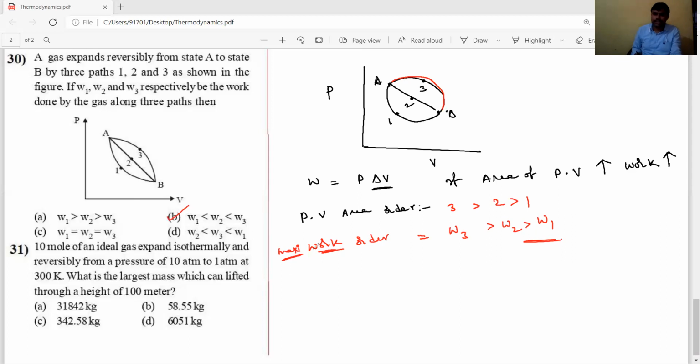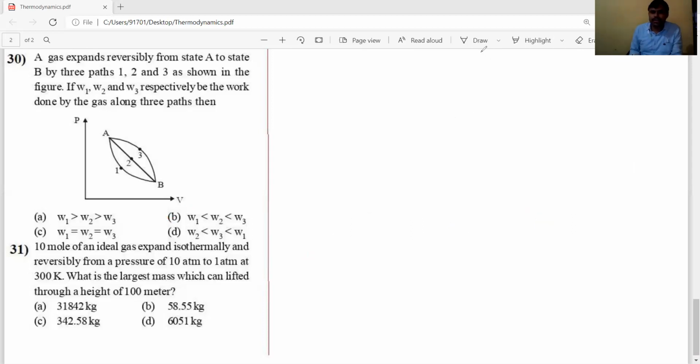Okay, let's go for the 31st question, dear students. 10 moles of ideal gas is expanded isothermally. During the isothermal expansion, work is done by the system.